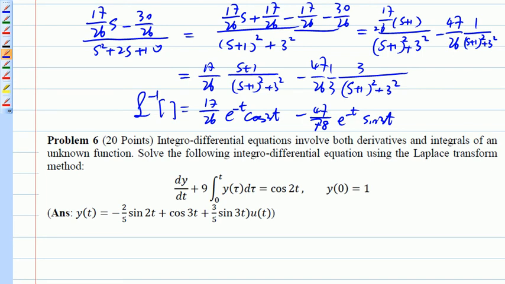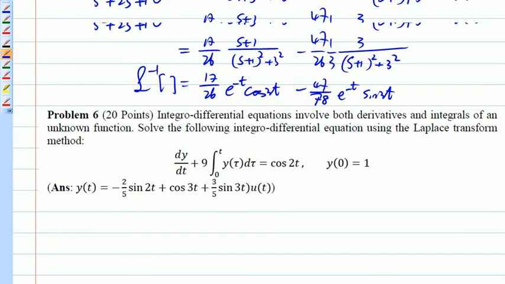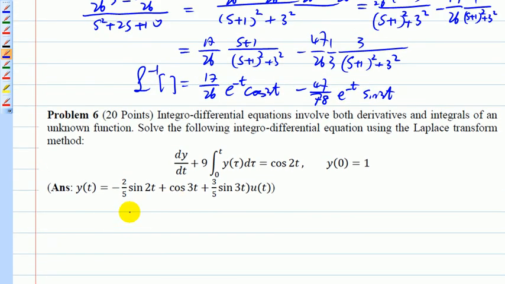So problem number 6. The only catch here is that this is an integration term. When you take the Laplace transform of both sides, the first term you get is s capital Y of s minus y of 0, the initial condition.